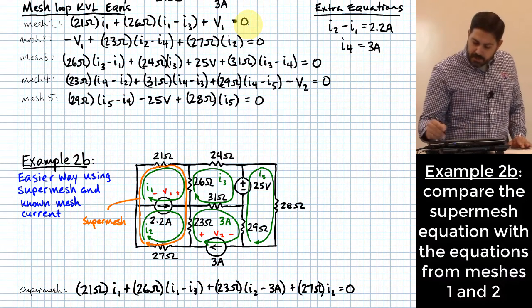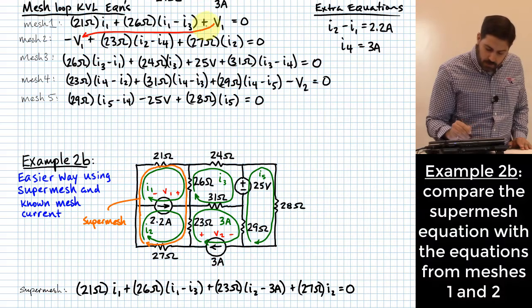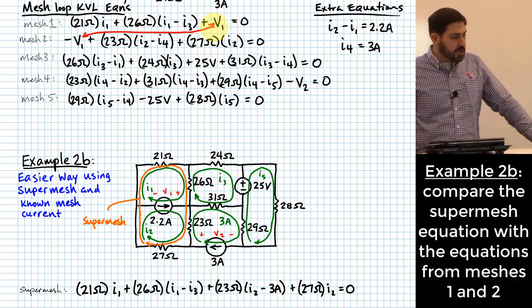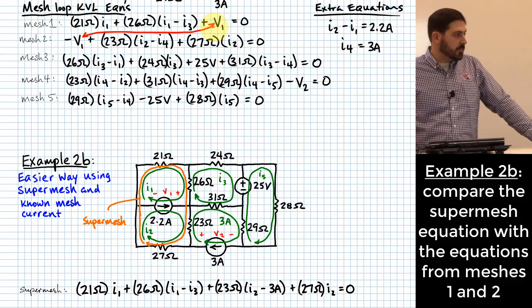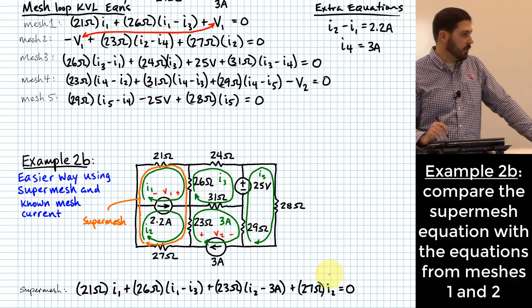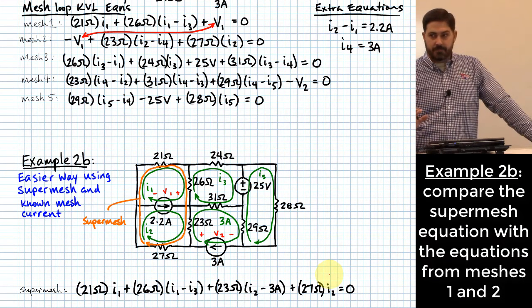I basically combined across this V1, right? Imagine solving one of these equations for V1 and then subbing it into the other one. The equation I came up with is exactly that. Of course, I subbed in my 3 amps for my I4 as well. But that's exactly what doing that supermesh did for me, right?